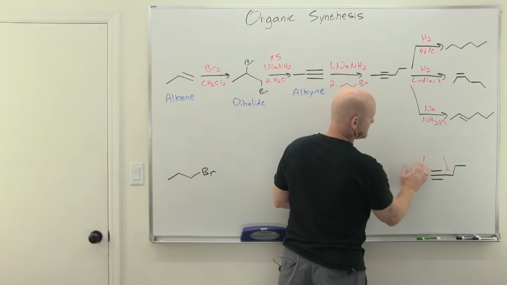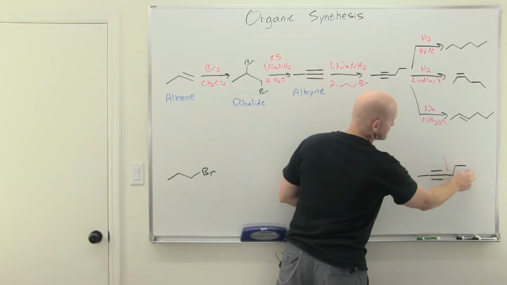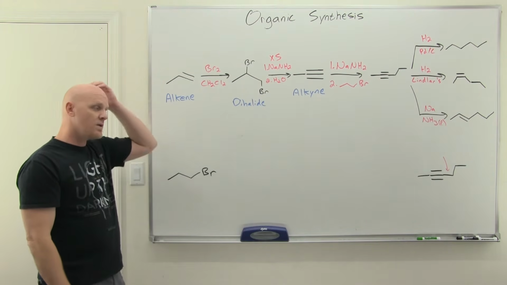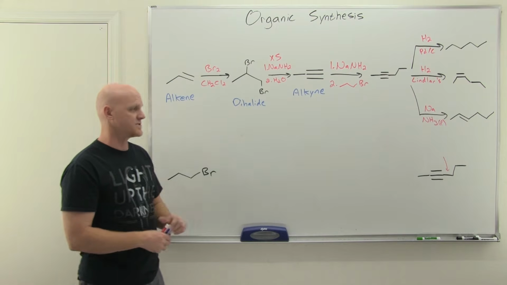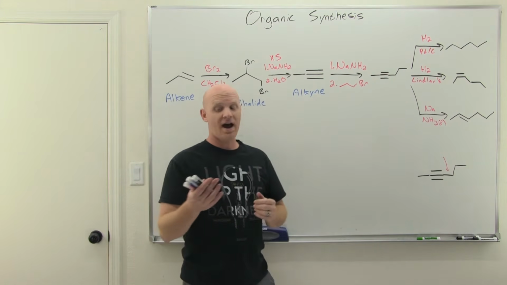But if you consider making this bond right here, you've got 3 carbons on one side, 3 carbons on the other side, which would be really convenient if you're starting out with a 3 carbon organic molecule here. So the question is, which way could you do it? Well, the truth is you could do it either way.